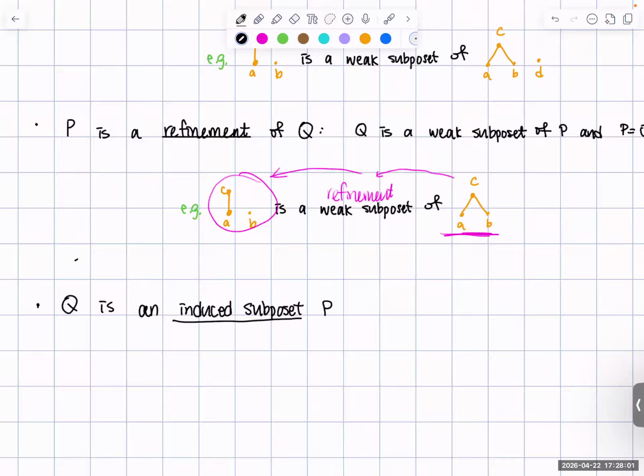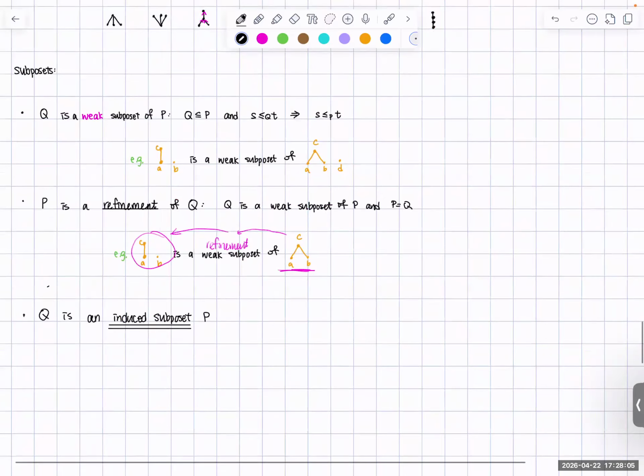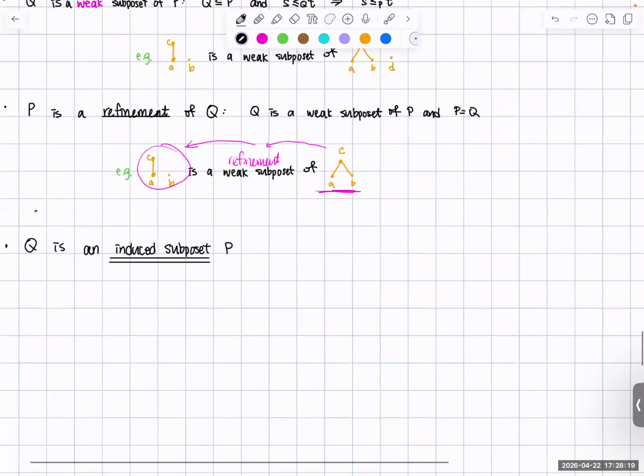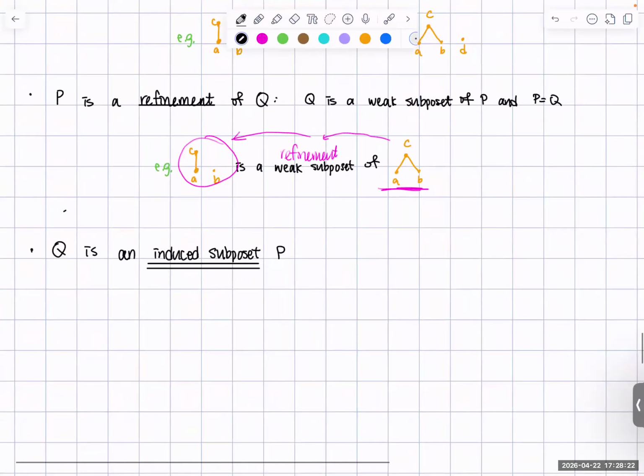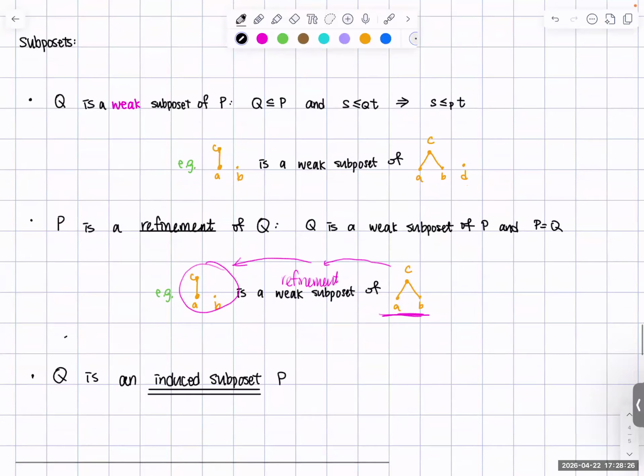But it's not always, because there are different ways to create it, so you have to be quite careful. From now on, if I just say subposet without saying anything, then I mean the induced subposet. Otherwise, I will tell you. Okay, the notion of strong.